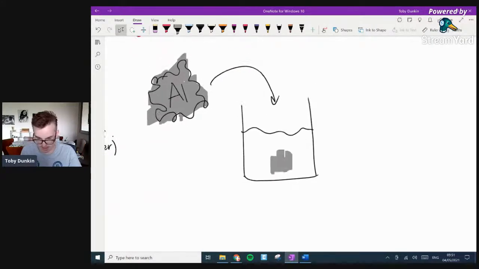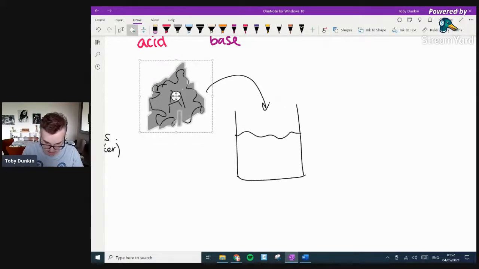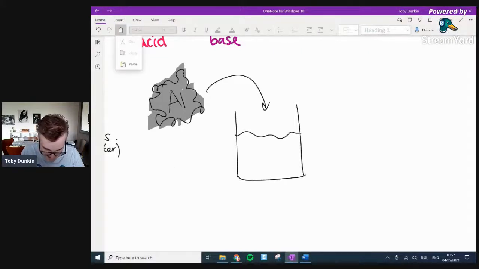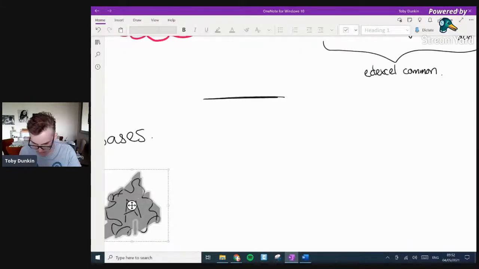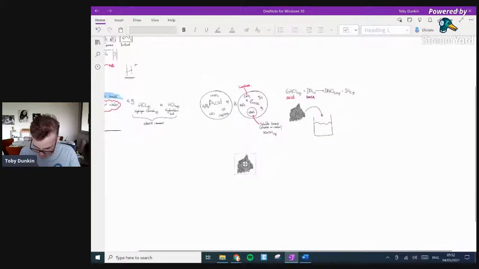The foil will just simply float around in it. In fact, I can even do a neat trick being on a tablet. I can go copy and paste. Whee. And I can grab him, bring you over here.